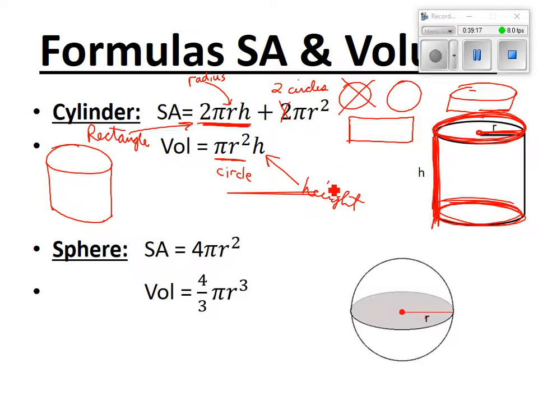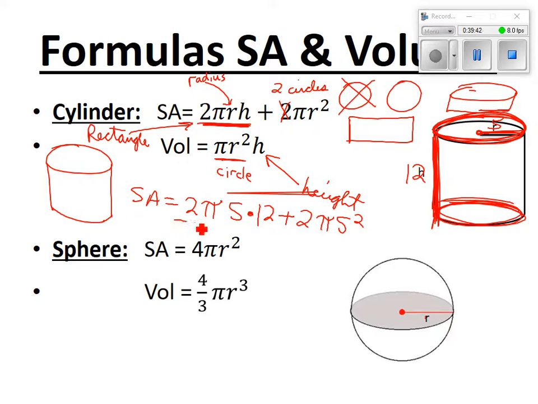Let's put some numbers here. Let's say this is 12 and the radius is 5. And I want to find the surface area. You're going to write it out just like this. Surface area equals 2 times pi. What's the radius? Times what's the height? Plus 2 times pi. What's the radius? 5 squared.